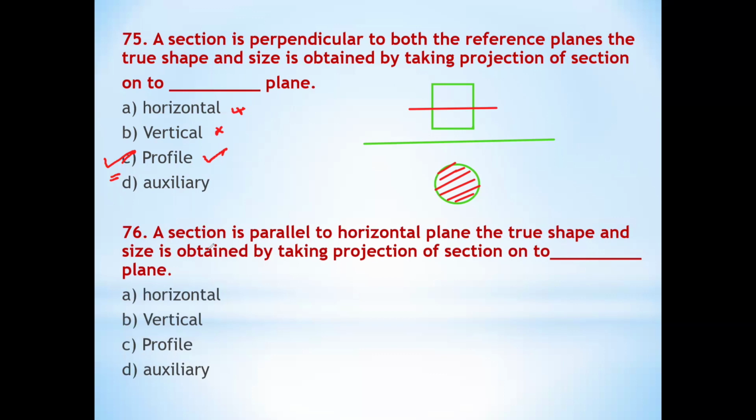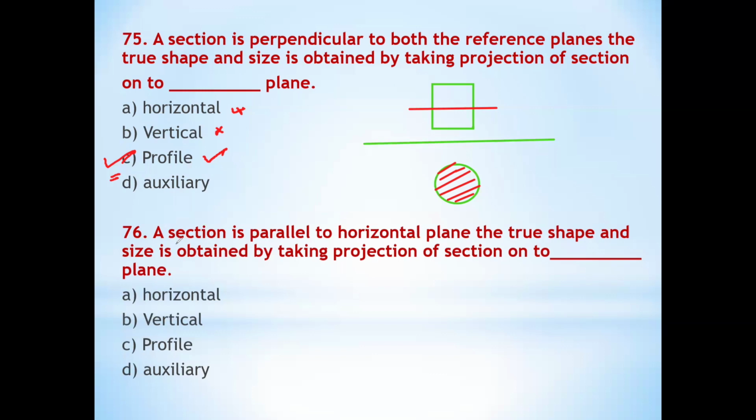We discussed all this before. If the section plane is parallel to the horizontal plane, on which plane do we get the true shape and size of the section portion? If it is parallel to the vertical plane, in which plane do we get it? We have already seen this, so we'll check the MCQ directly.